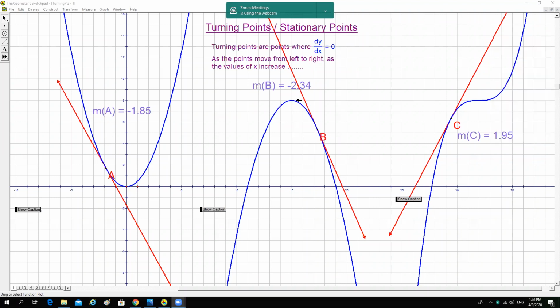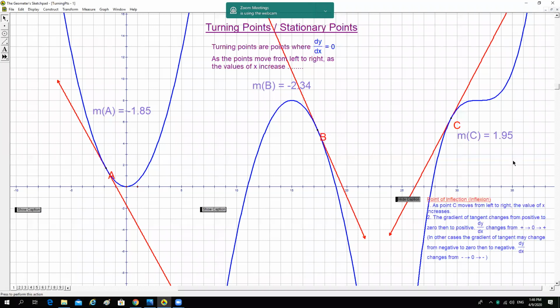If you look at the graph C, this type of graph, have you learned in your mathematics y equals x cubed? Yes or no? Not yet. Y equals x cubed. Now, this point at the center here is neither a maximum nor a minimum point. It is called the point of inflection.